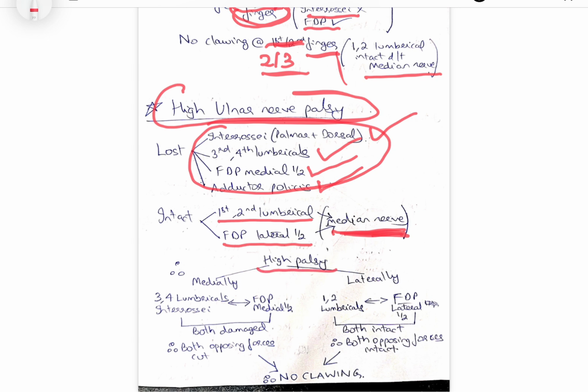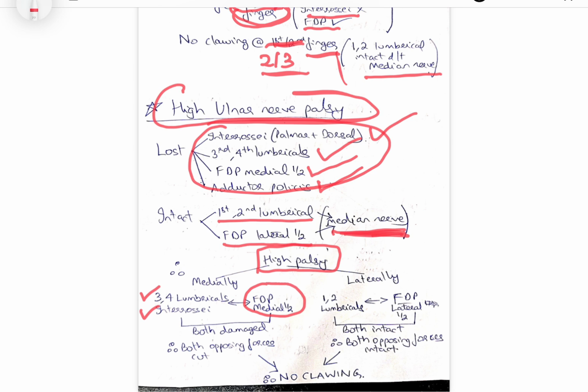So whenever there is high ulnar nerve palsy, medially the third and fourth lumbricals are gone, interossei are gone, but at the same time the counteracting force, which in low ulnar nerve palsy was the reason for clawing at the fourth and fifth finger, the intact medial half of FDP, is lost in high ulnar nerve palsy.